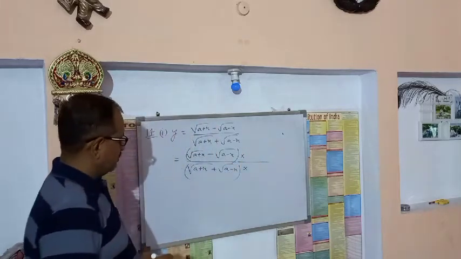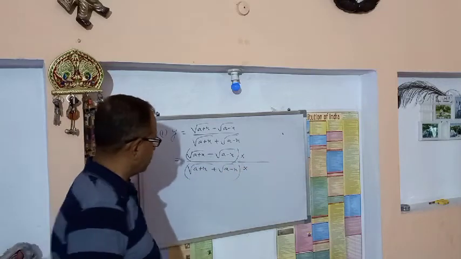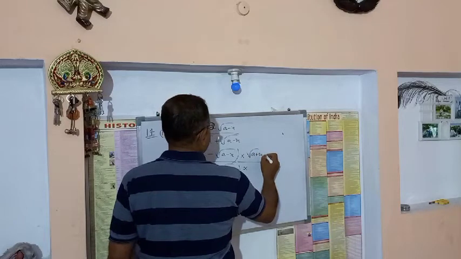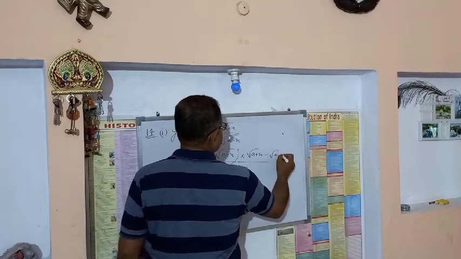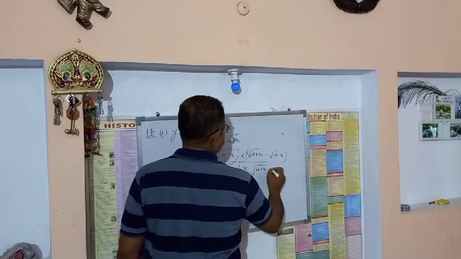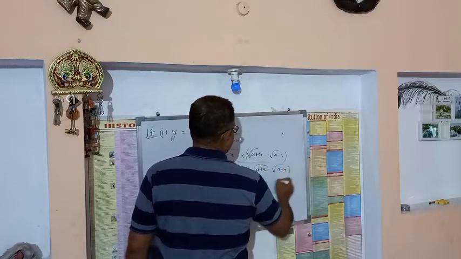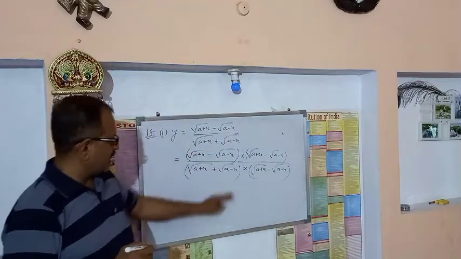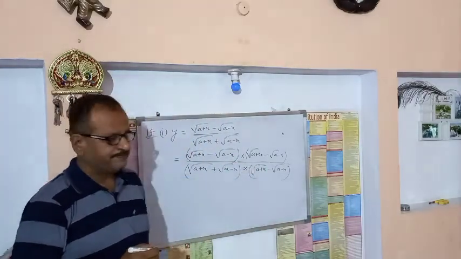Multiply both numerator and denominator by what? By root a plus x minus root a minus x. So multiply both numerator and denominator by this.